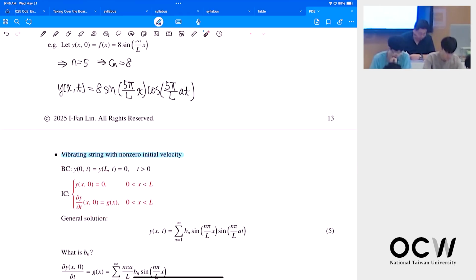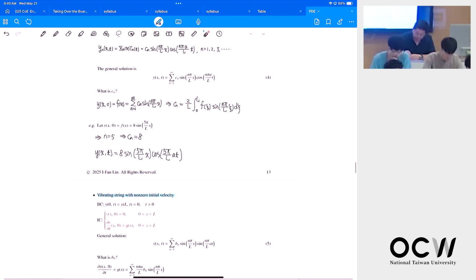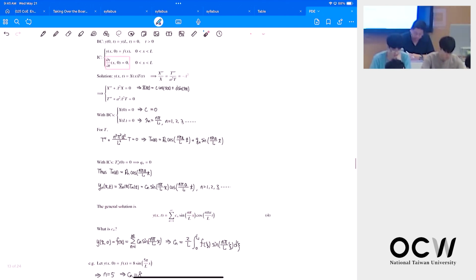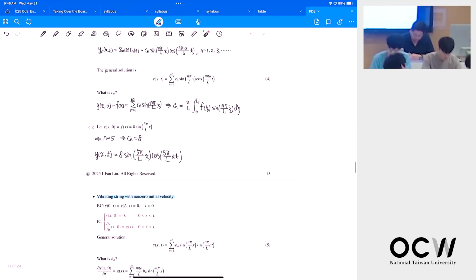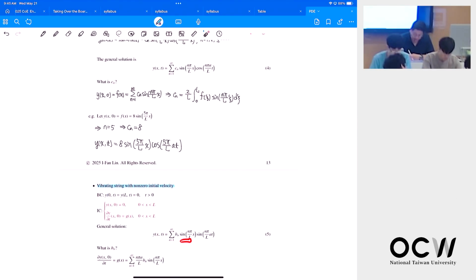Our general solution, instead of sine and cosine, we will get sine and sine. You can practice doing the same thing. Here you will get sine function times sine function. And then to get the coefficient Bn, also using this initial condition.